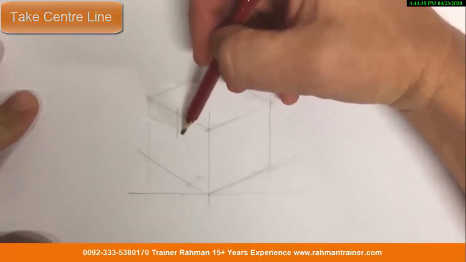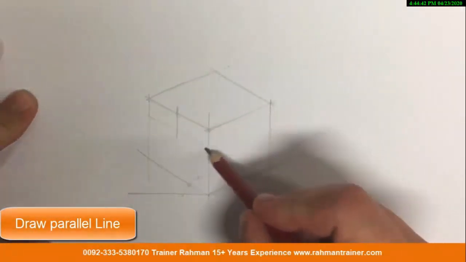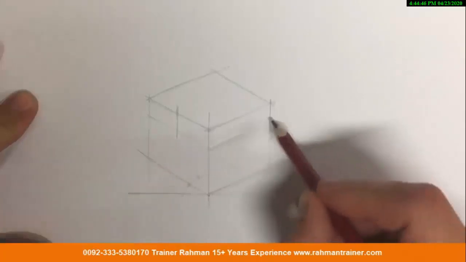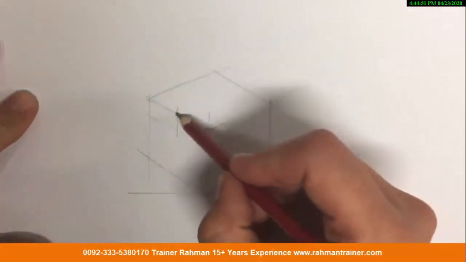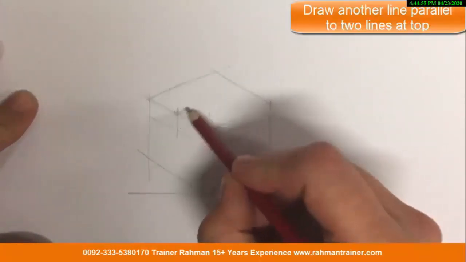Then we will draw parallel line to that 30 degree line in symmetry on x side and negative x side with the same height. What we will do then? We will draw another line parallel to the top lines.